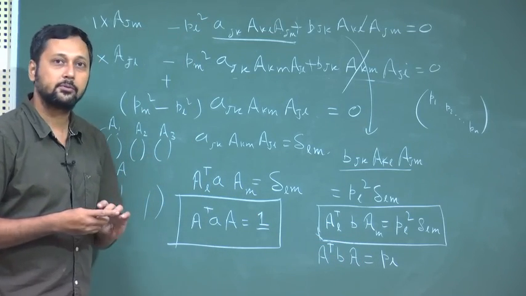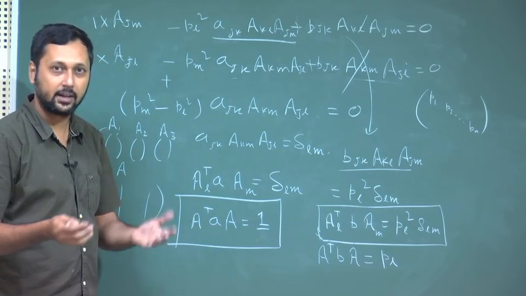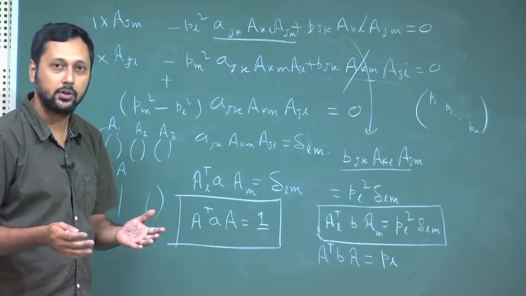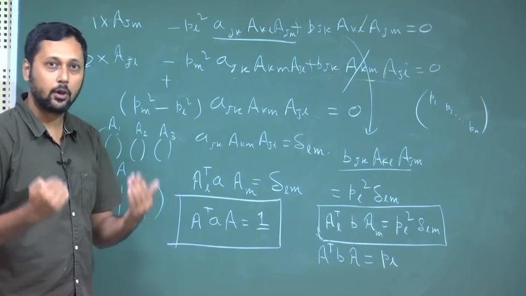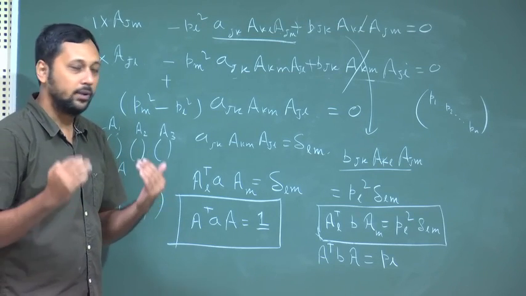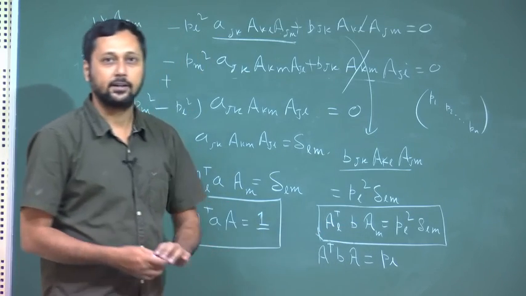That is the beauty of small oscillation. Here the mathematics is a bit complicated, but we will take up examples in the next lecture and I will show you that in reality it is not that difficult, but once we solve the problem once for all, we are simultaneously diagonalizing both kinetic energy and potential energy matrices.